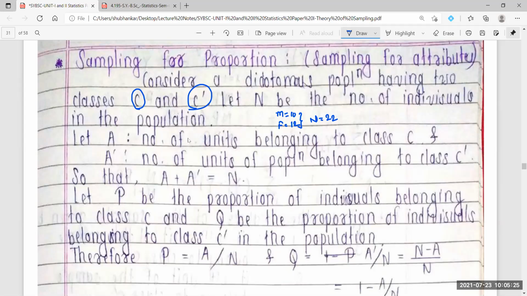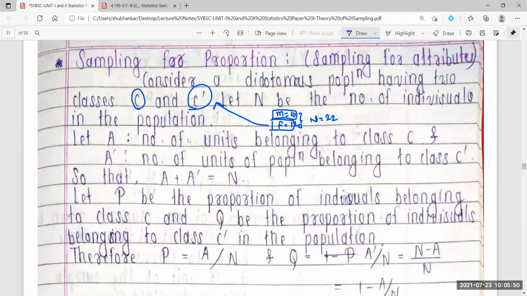For example, in your class there are 10 male students having class C, and female students are 12 there, and we can say the class C complement, okay, for female.